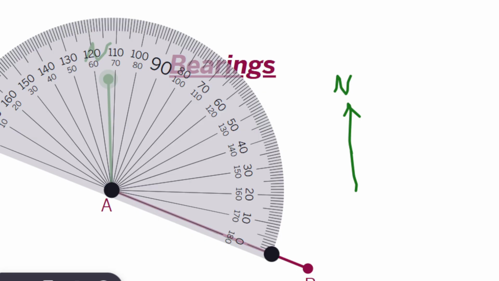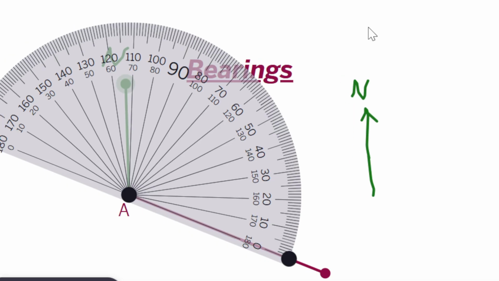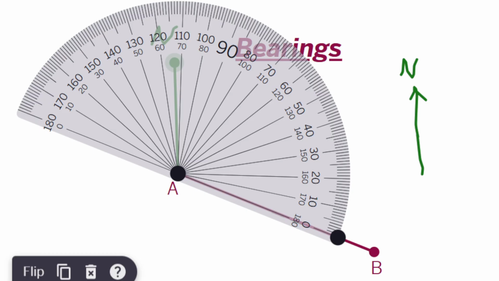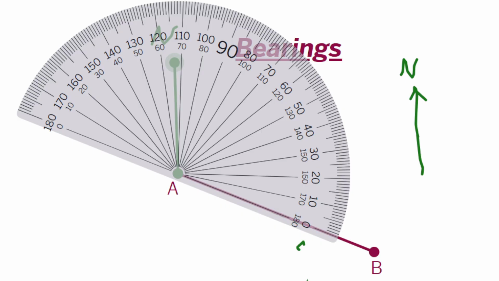Make sure the 0 is on the line. You got that? Now, it's very important to notice on this side there are two numbers. There is 0 and there is 180. Have you noticed? We always start from 0.